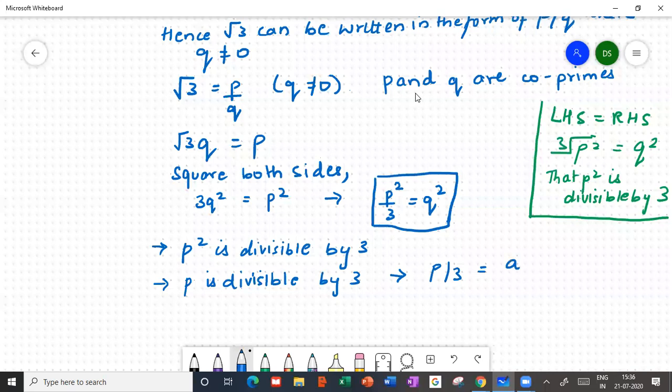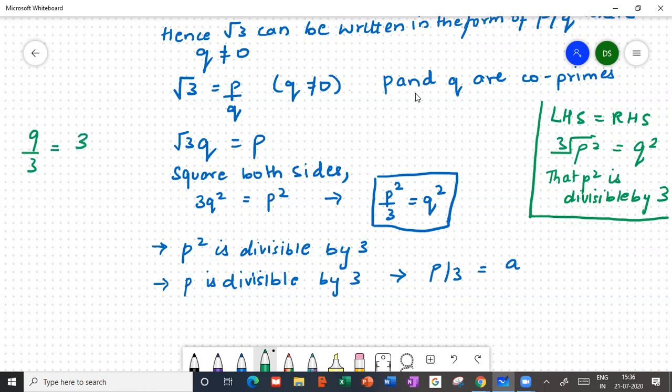I'll take an example of what I'm trying to say here. 9 by 3 is giving me a value which is 3, isn't it? This is nothing but 3 square by 3 is equal to 3, right?